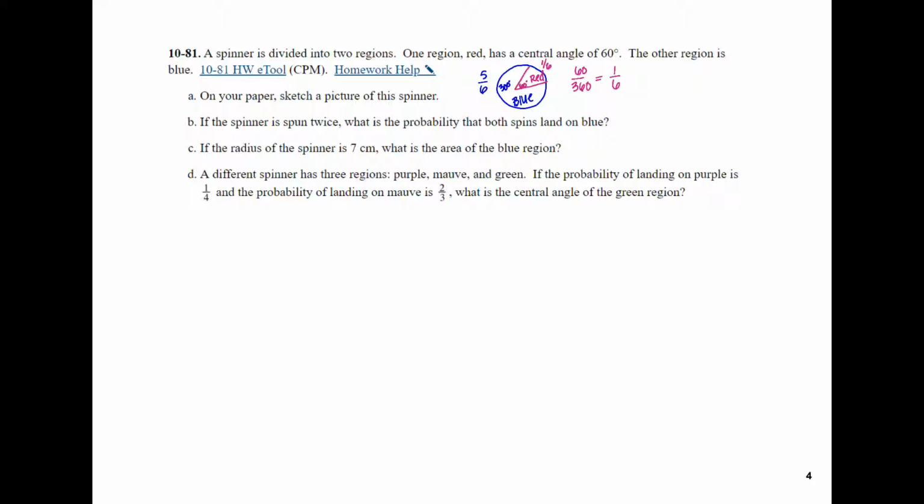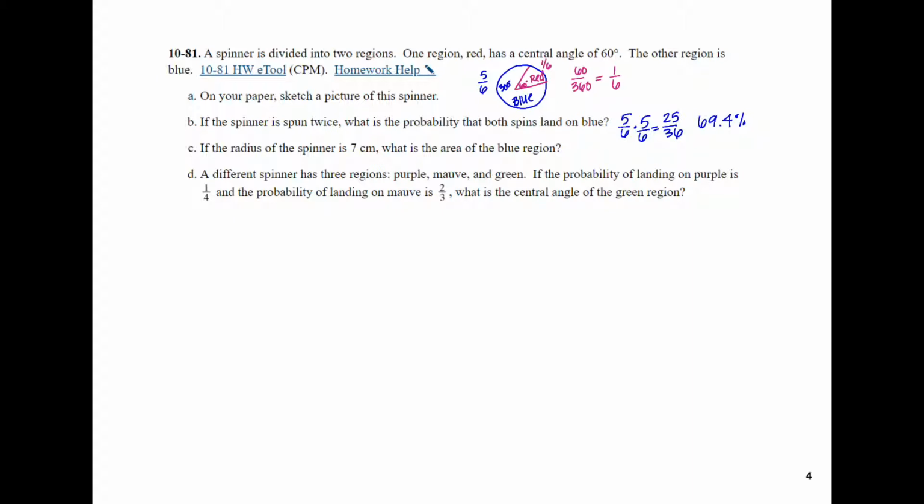So we're going to take the probability of spinning blue, which is 5/6, and multiply that, which gives us 25 over 36, or 69.4% of the time, we have a good chance of spinning blue.